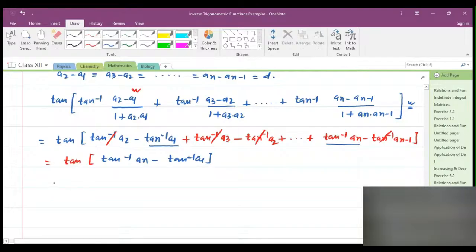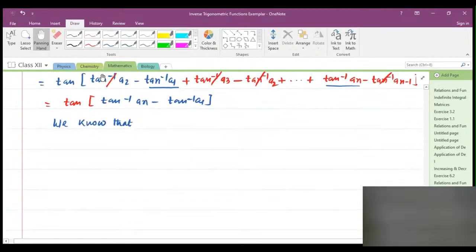Now we recall the formula. We know that tan inverse x minus tan inverse y equals tan inverse of x minus y by 1 plus xy.